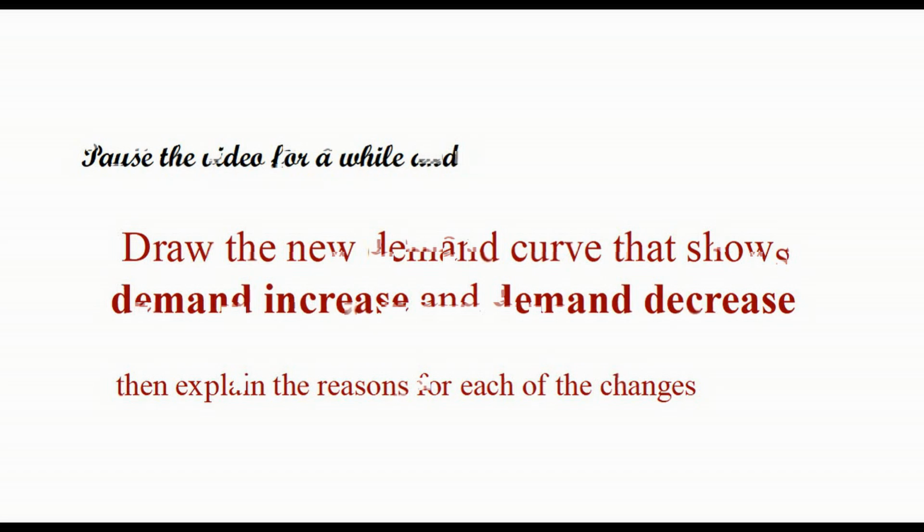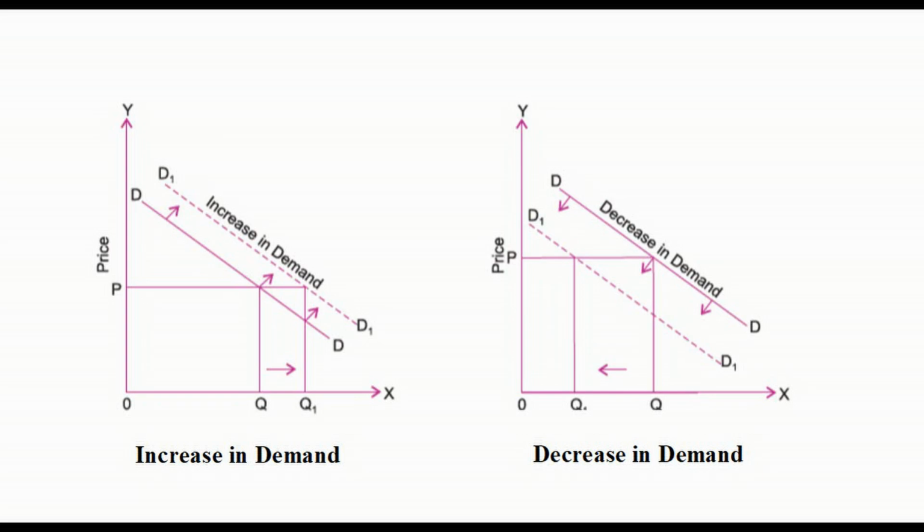These are the diagrams that clearly show change in demand. We have two diagrams, the one that shows increase in demand and the other one, decrease in demand, on the right. In the case of increase in demand, there is a rightward shift in the demand curve.